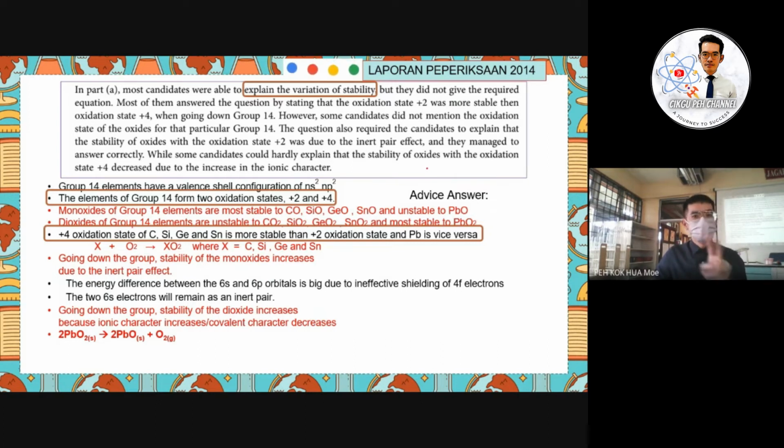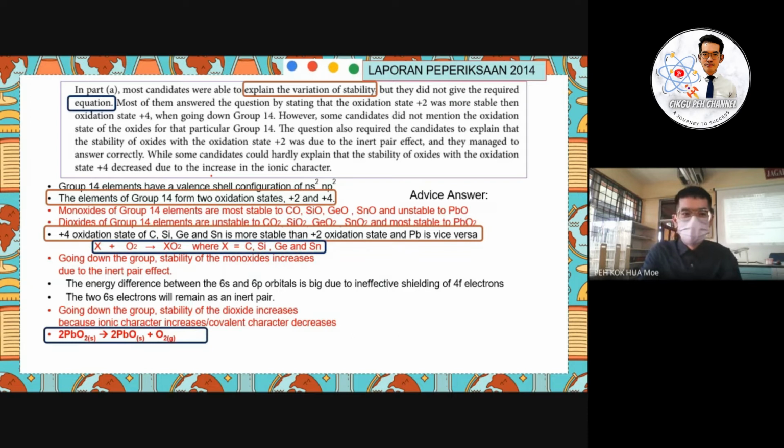So you see, for 2 years, although they ask different questions, one about the stability, one about the acid and base property, both Laporan also mention that students did not mention the oxidation state. Both Peperiksaan state that students have to give the oxidation state when discussing chemical properties or physical properties regarding the oxide of group 14.